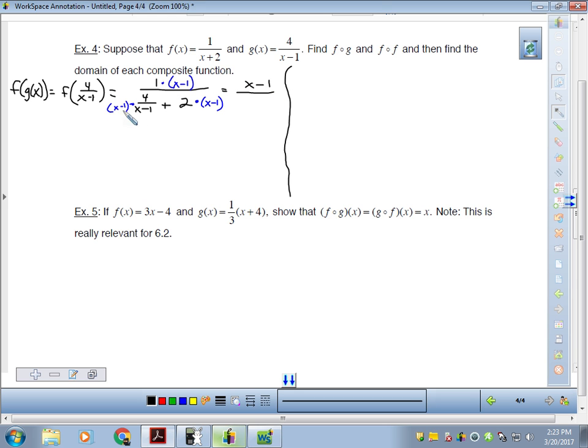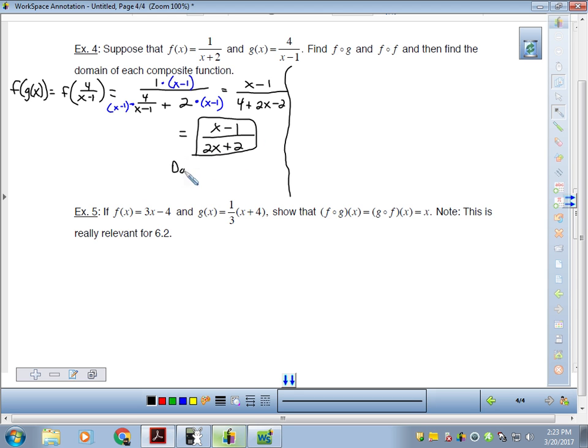On bottom, these x minus 1's cancel, and we just get a 4. Plus, here, 2 times x minus 1 is 2x minus 2. And so if we simplify that, we have x minus 1 over 2x plus 2. So there is our composite function.